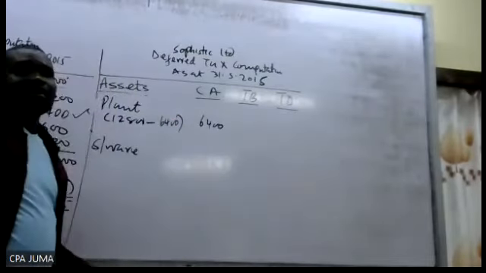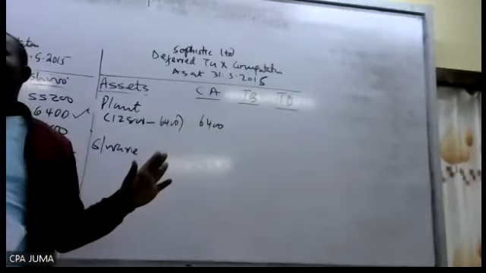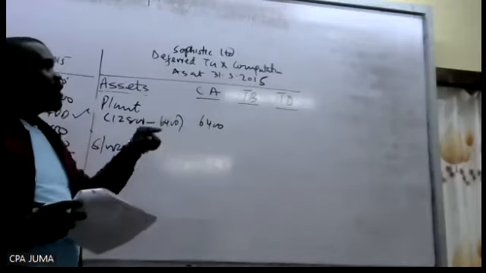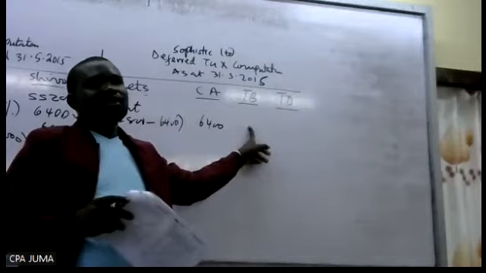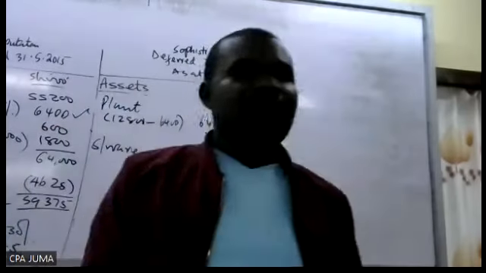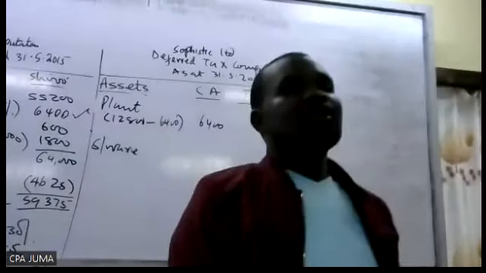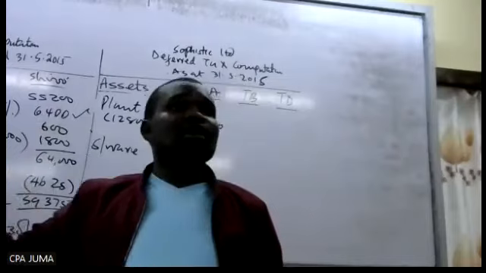Tax base. Tax base is the written down value, WDV. What value did we use in 2014? We continue that. Depreciation is the same every year.